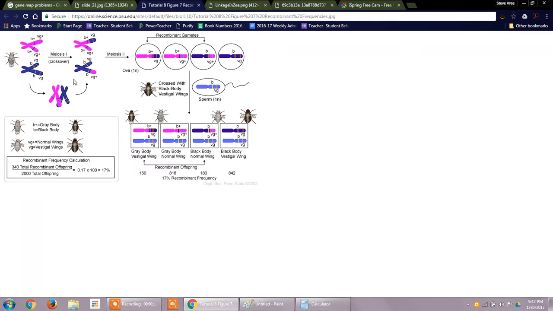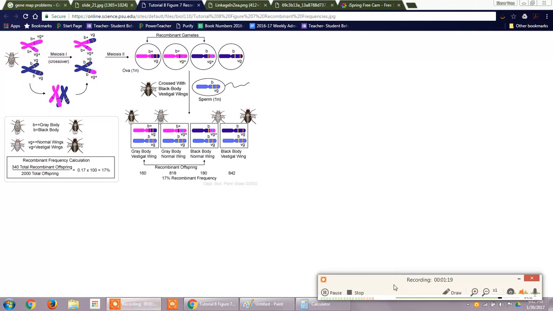In order to figure this out, you have to do a test cross with a homozygous recessive, and so that in this case is black body and vestigial wings. So all of their chromosomes, no matter if they cross over or not, are all going to end up B VG. And so you'll see that down here at the bottom, every one of the flies is going to end up with that.